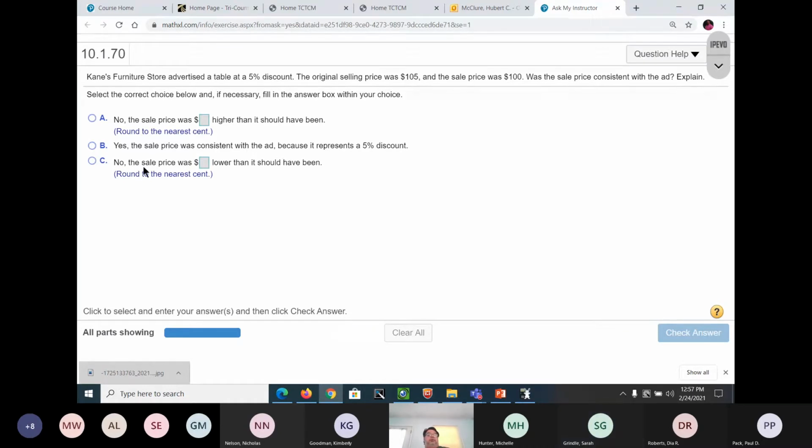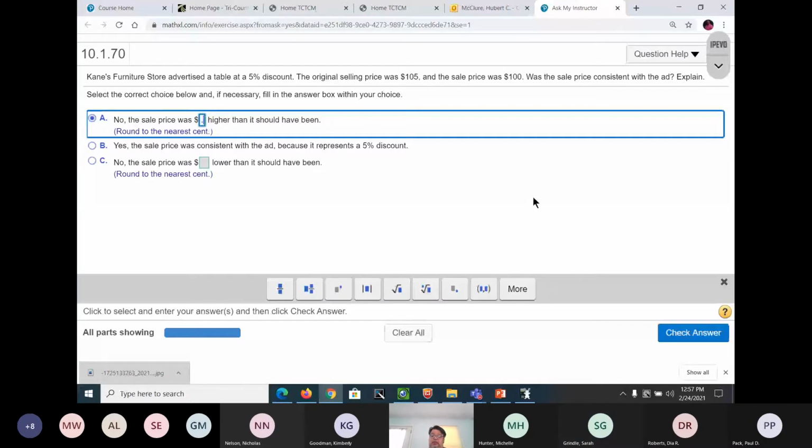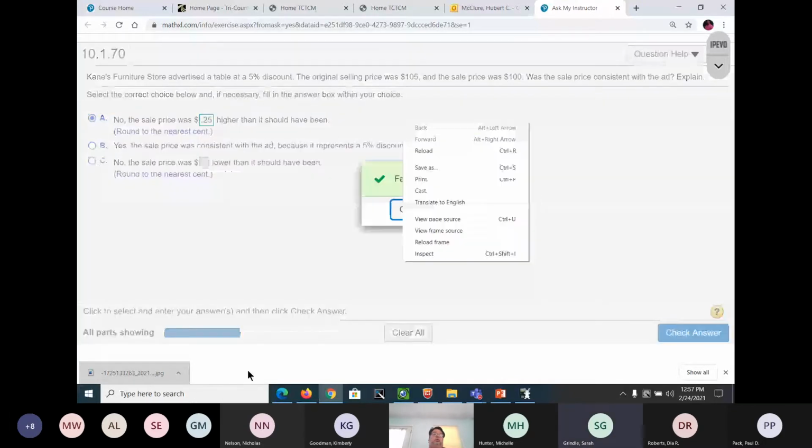The sale price is 0.25 higher than it should have been. 0.25 higher, right? That's what I would put.